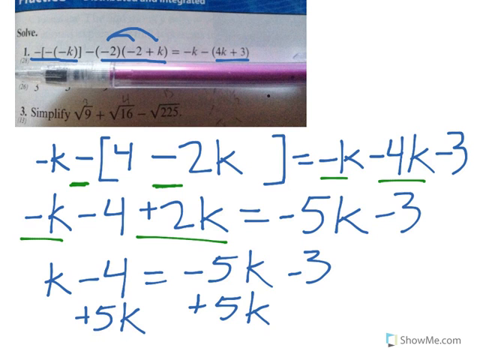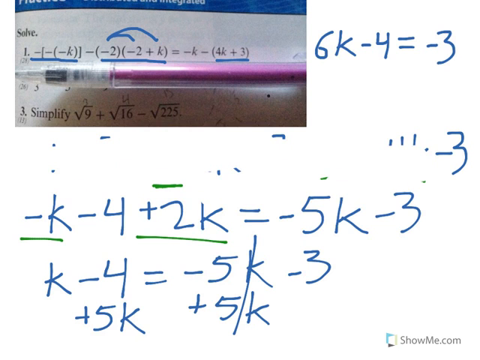So on the left I've got k plus 5k, so that's going to be 6k, I'm writing at the top now, minus 4 equals, well, these cancel out, get 0, and I'm left with just that minus 3. Okay, I'm going to erase this stuff on the bottom.